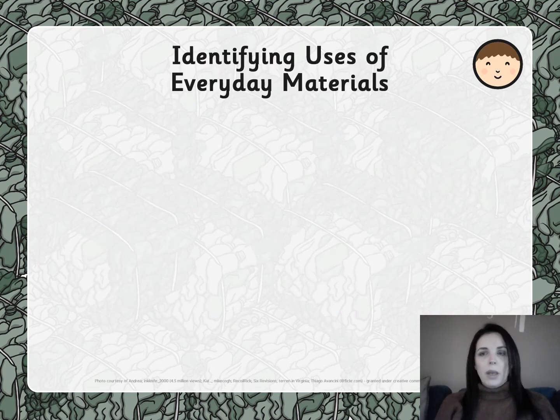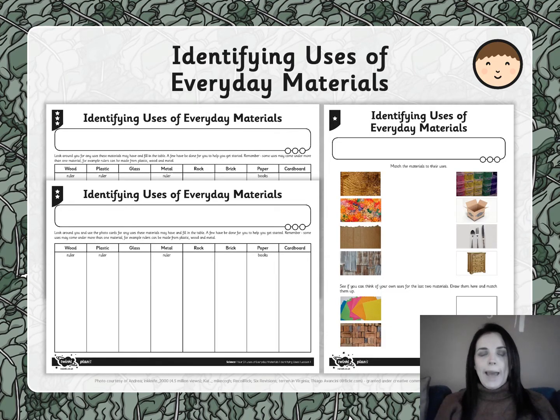So I will attach an activity sheet which looks like this one. Okay, it's a table, we call this a table, and at the tops of the columns it says wood, plastic, glass, metal, rock, brick, paper and cardboard, and then it's got some space underneath for you to write a list.